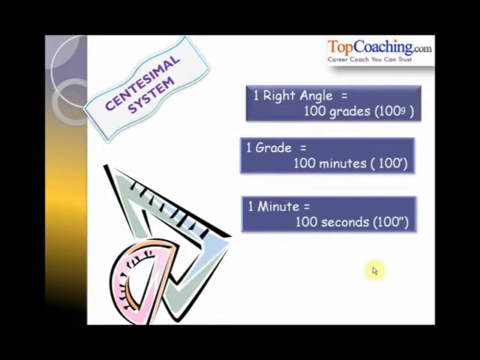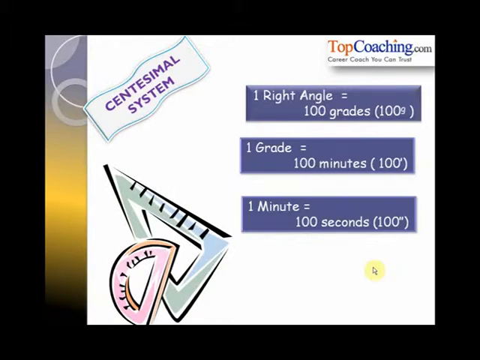So the basic difference between these two systems is that in the sexagesimal system or the degree measure system, we divide a right angle into 90 equal parts such that every equal part is called 1 degree. Further, we divide 1 degree into 60 equal parts such that every equal part is known as 1 minute, and then we further divide this 1 minute into 60 equal parts, and each of these equal parts is known as a second.